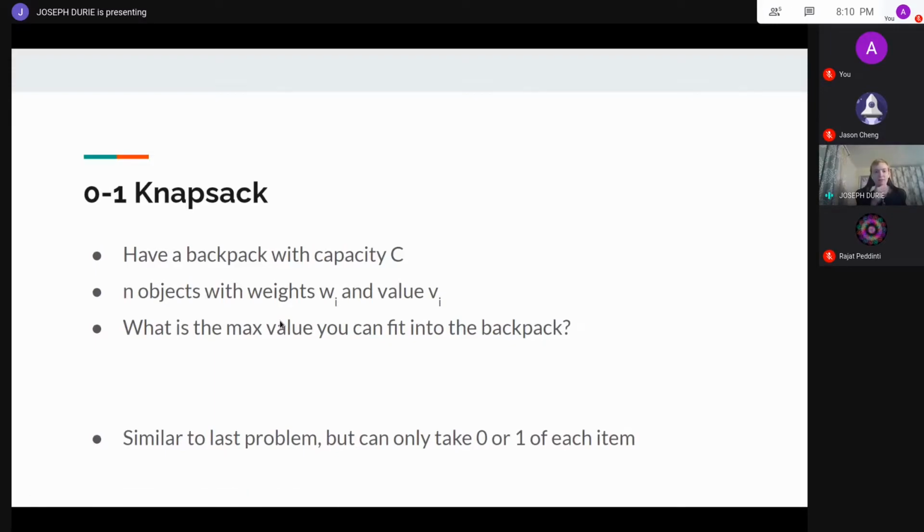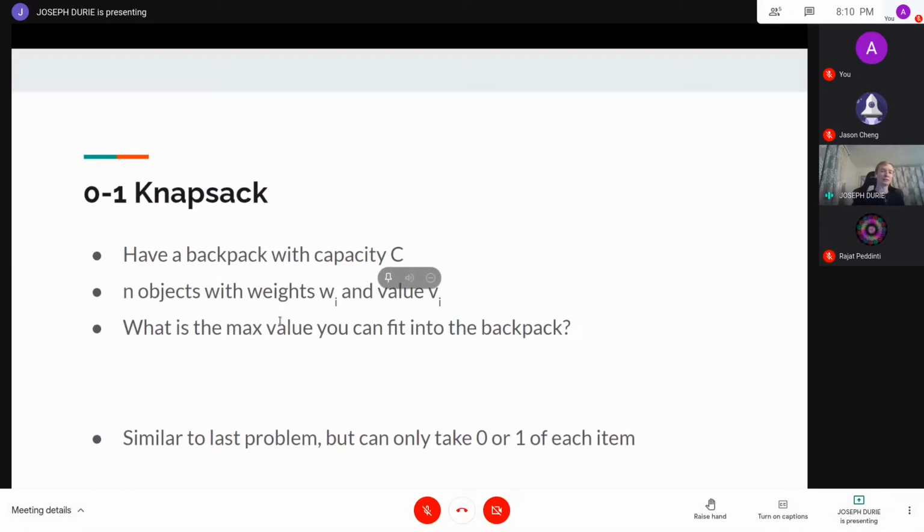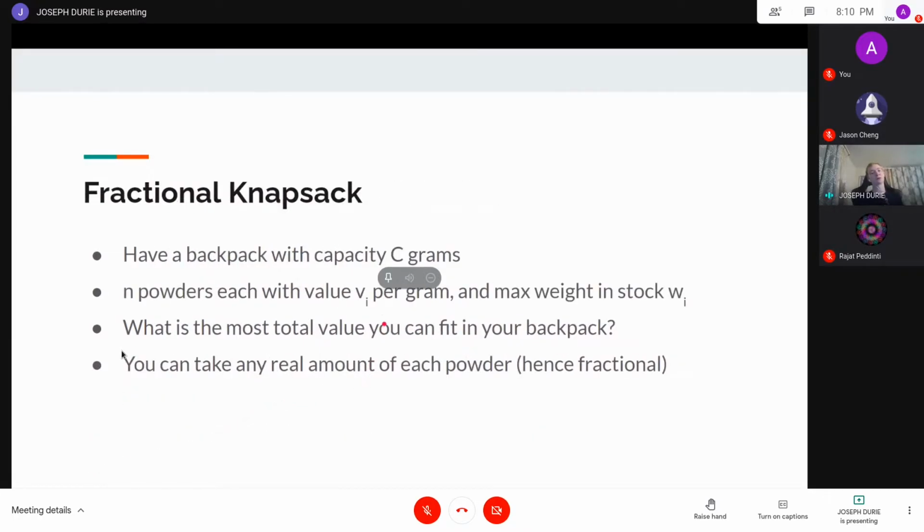Given what we just saw on the last problem, a natural thing to think about is what if we just take the item with the biggest value at every step, or the biggest value per weight at every step? Because really what this value was in the last problem, it's not the value of the powder, it's the value per weight, right?